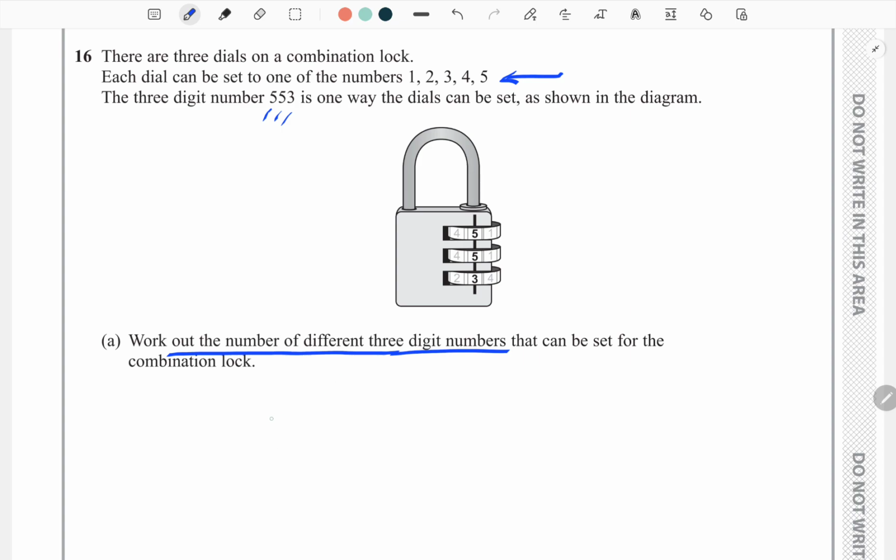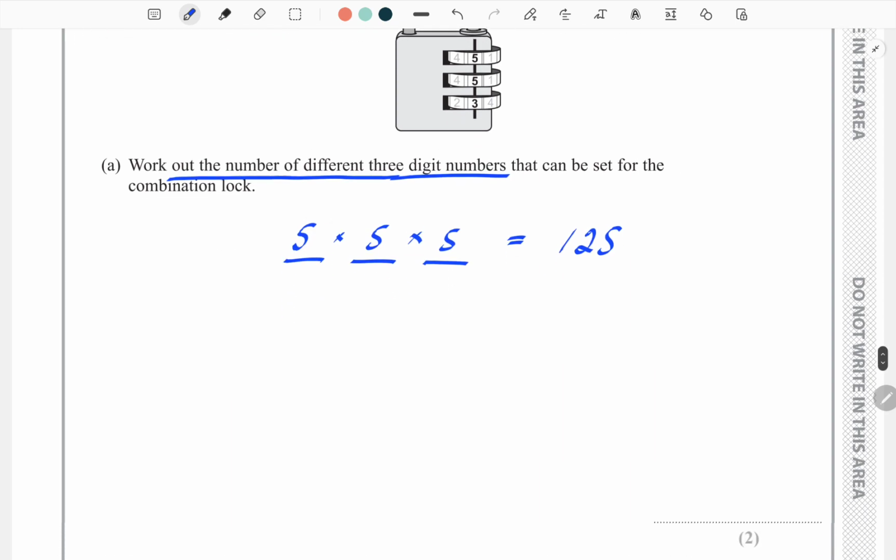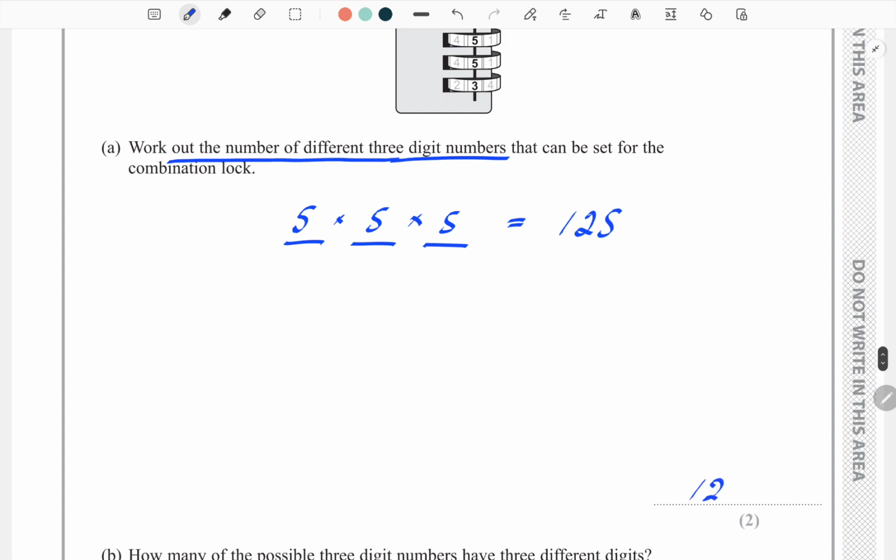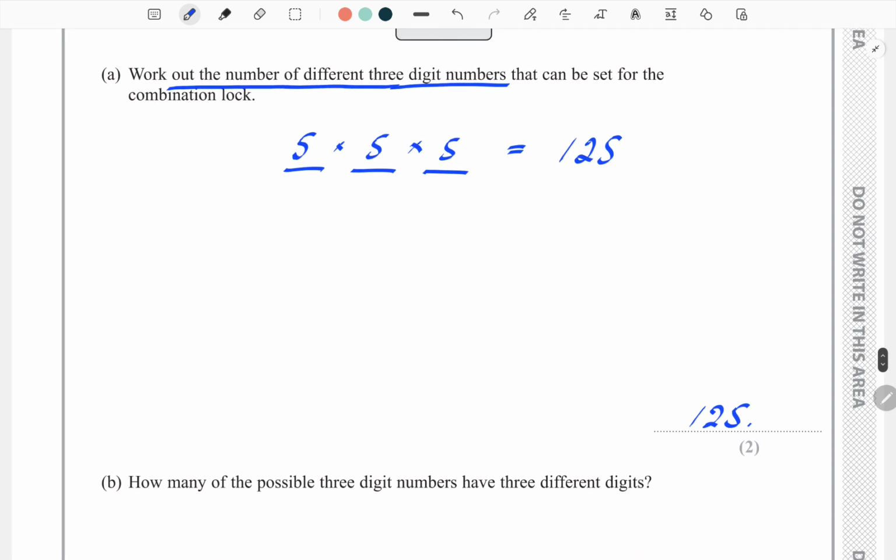There are 3 positions. You've got 5 for the first one, 5 for the second one, and 5 again for the third one. And that basically gives us 5 cubed, 125 combinations.